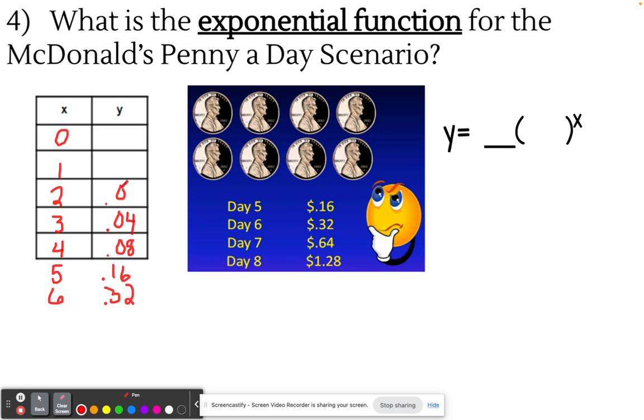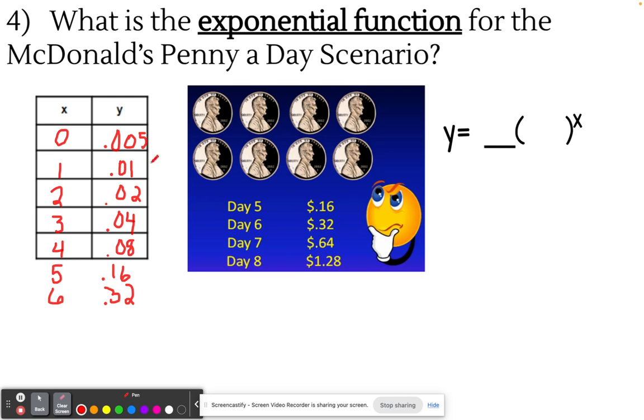0.02, 0.01, and then that 0 term will be 0.005.